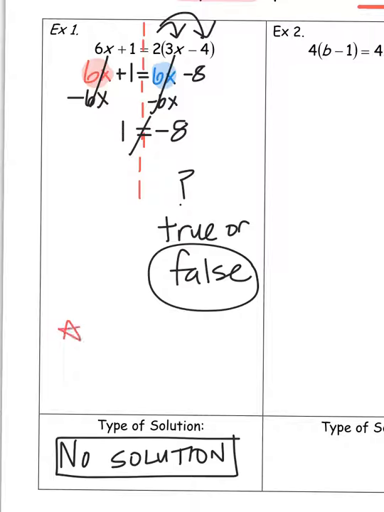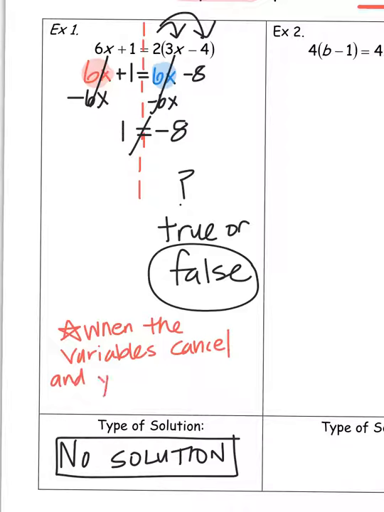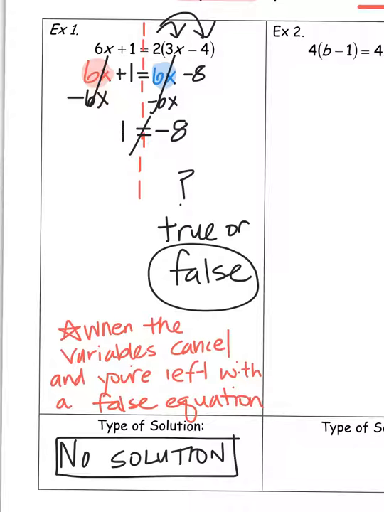I'm going to write one thing here: when the variables cancel, and you're left with a false equation, that means no solution.